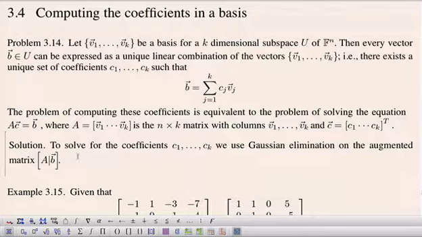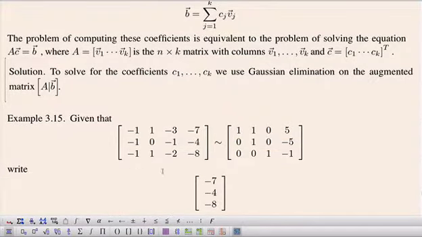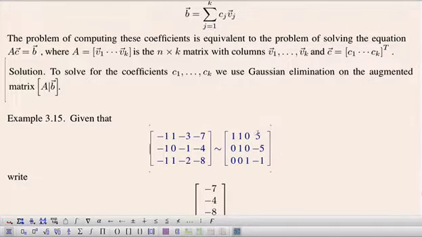So the way we solve this is that we solve for the coefficients by using Gaussian elimination. For example, given that this matrix is row equivalent to this matrix, and let's say this is supposed to be 0 here.